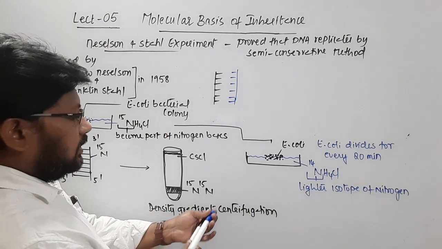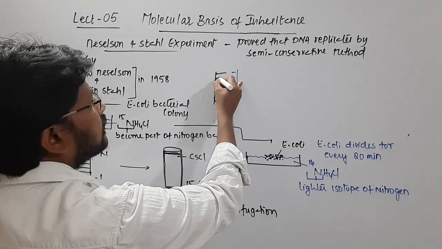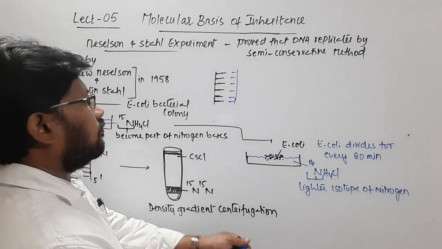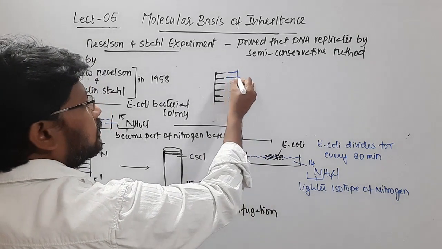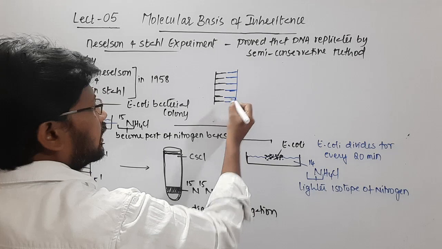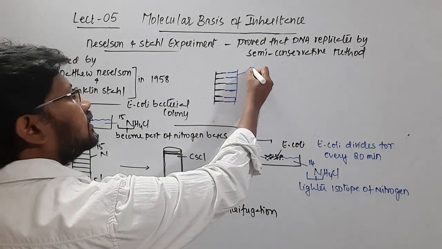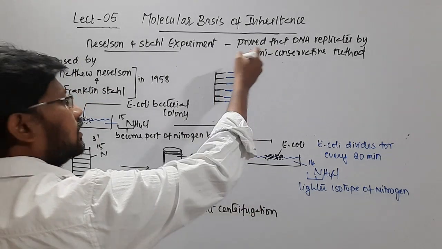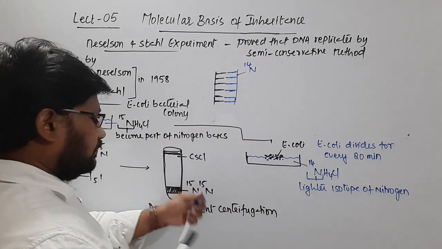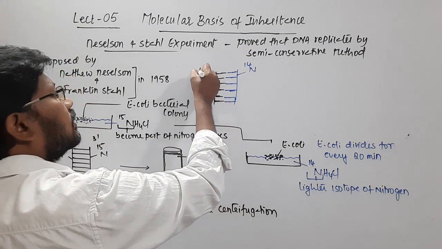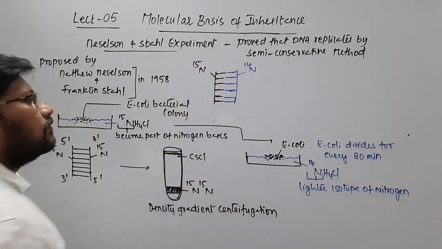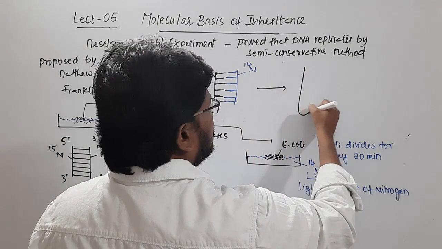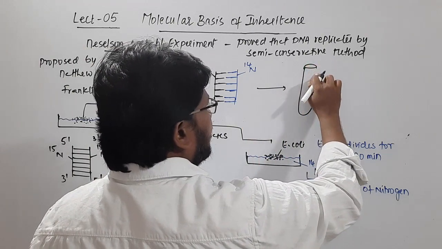This is the DNA molecule that is obtained, and you can see that one strand has lighter nitrogen and the other has the heavier one.